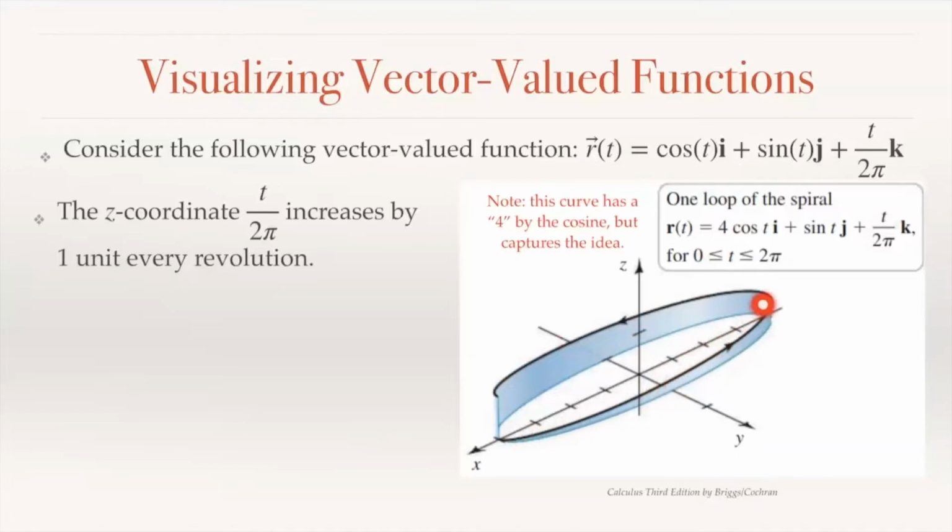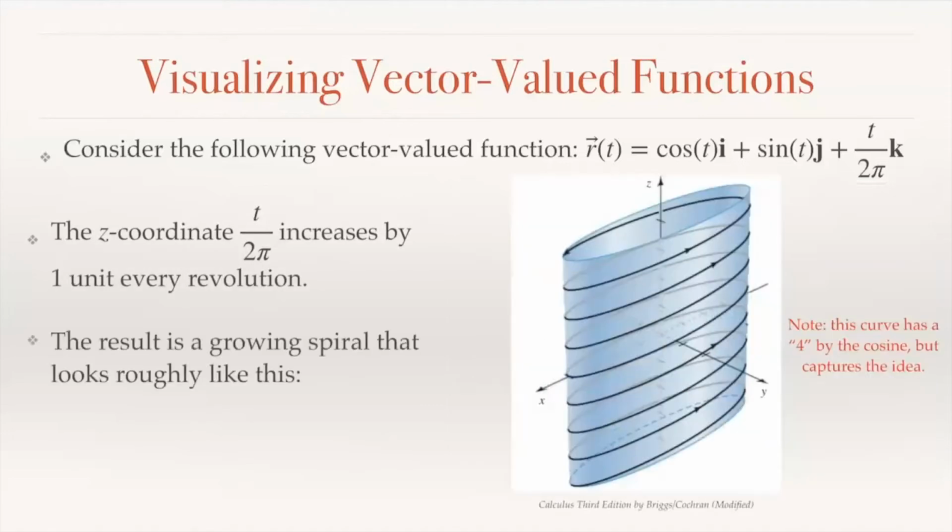We wind up 1 unit when we go around once, go around twice, we wind up a 2nd unit, and so on. So in total, we'll have this winding helix shape, a growing spiral, with this intrinsic counterclockwise orientation given by the direction of motion as t increases.